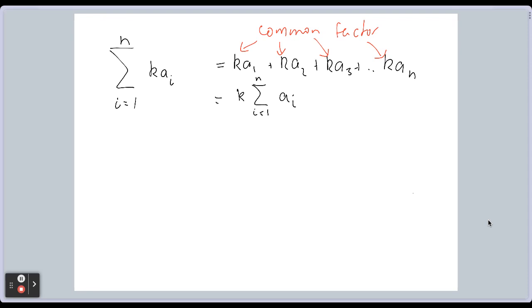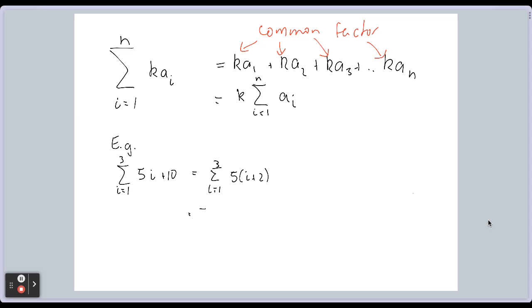So, for example, if I had the sum from I equals 1 to 3 of 5i plus 10, then I could make the sum from I equals 1 to 3 of 5 outside of I plus 2.